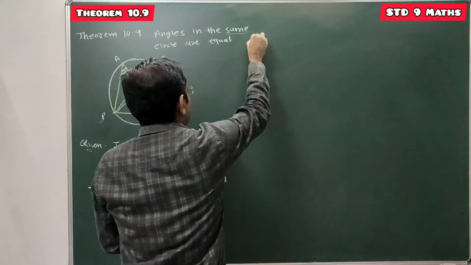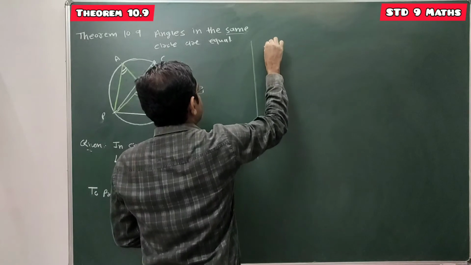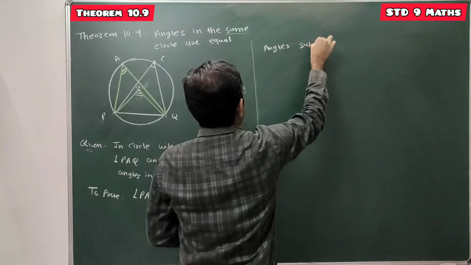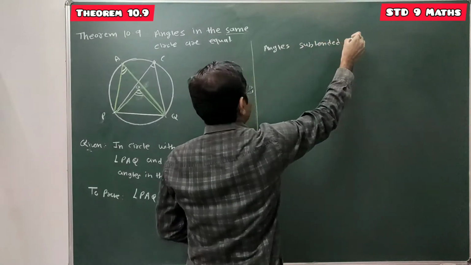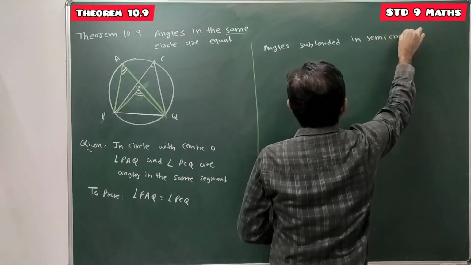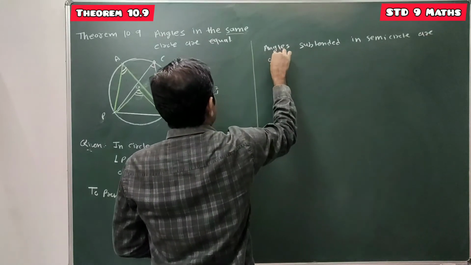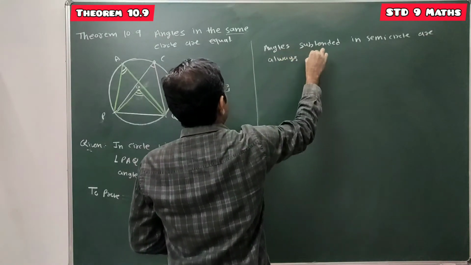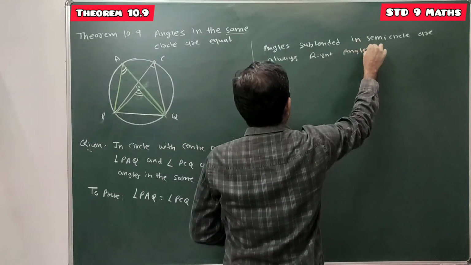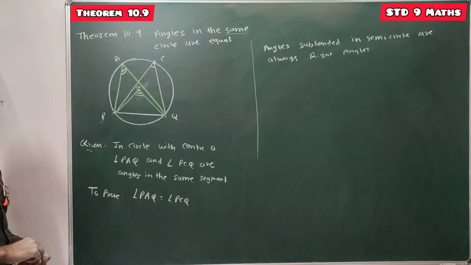So the statement is: angles subtended in a semicircle are always right angles. Angles subtended in a semicircle are always right angles.